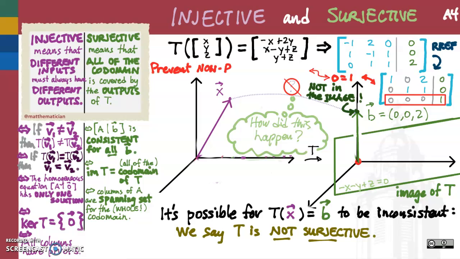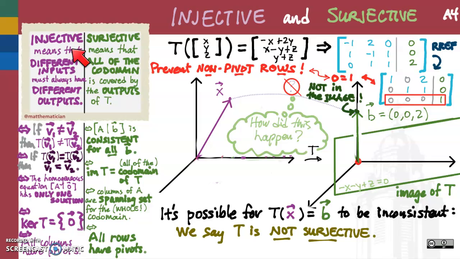So in order to prevent inconsistency, we need to prevent any non-pivot rows from the reduced row echelon form of my standard matrix. And so a linear transformation will be surjective if we do not have any non-pivot rows. In other words, if all of the rows of my reduced row echelon form of my standard matrix are pivot rows.